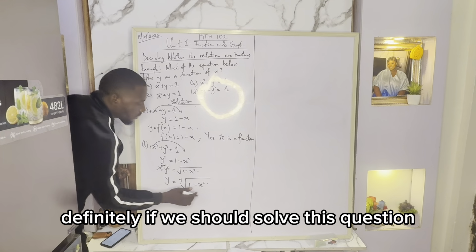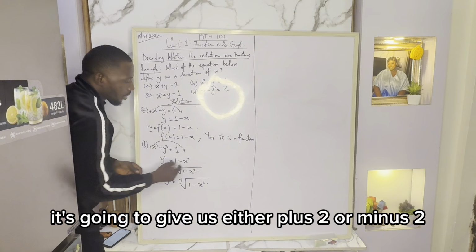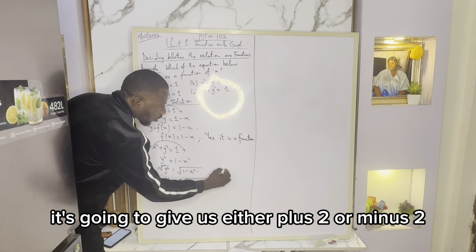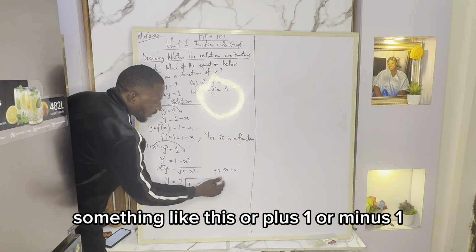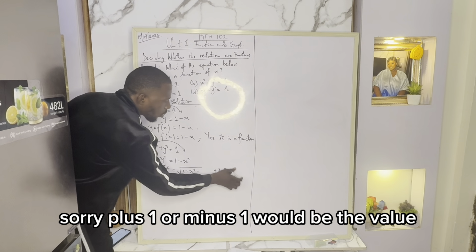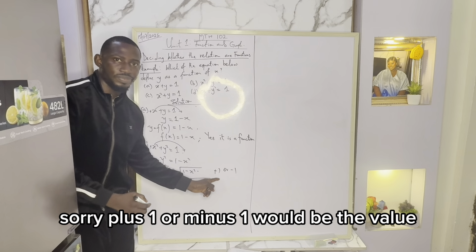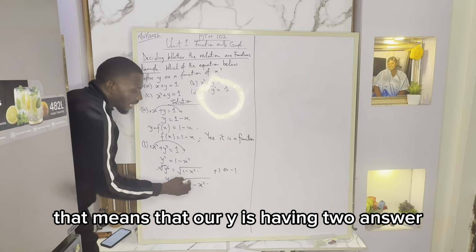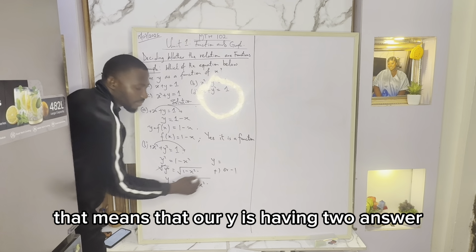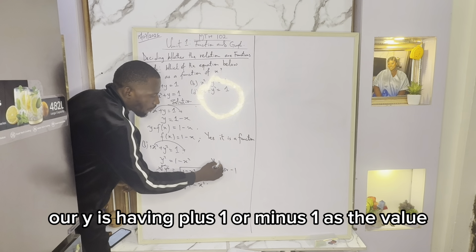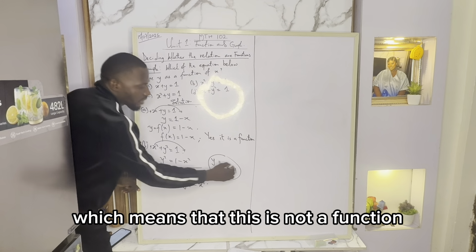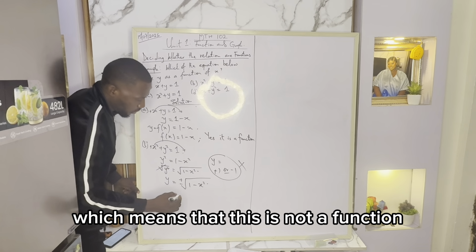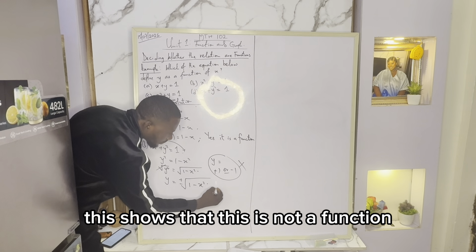Definitely, if we should solve this question, it's going to give us either plus 2 or minus 2, something like this, or plus 1 or minus 1. Sorry, plus 1 or minus 1 will be the value. Then that means that our y is having two answers. Our y is having plus 1 or minus 1 as the value, which means that this is not a function. Are you getting it? This shows that this is not a function.